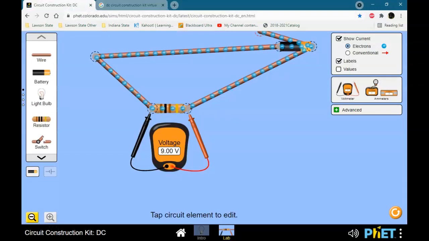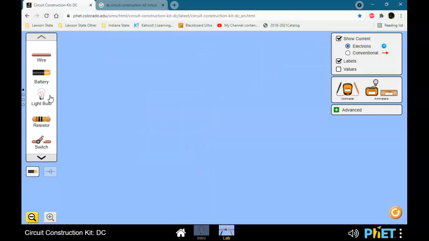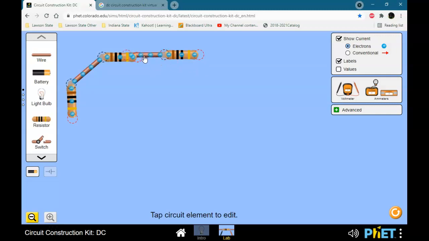So one of the things you can actually see with something like this, I'll go ahead and reset all this, just to give you all a different example of a series circuit. Like I said, this is always kind of fun. That's why I like this particular setup, because it really does a good job.